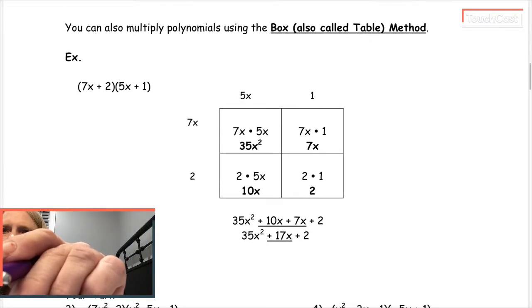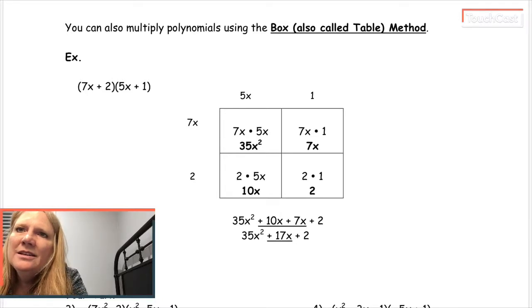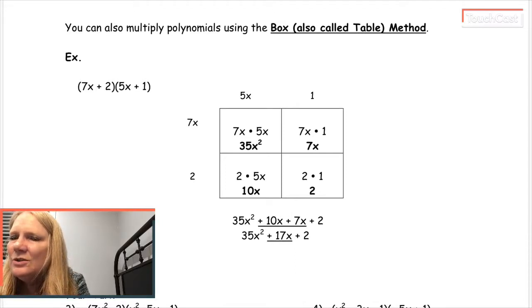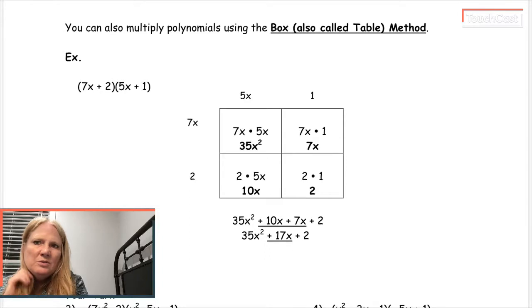All right, now here is a box method, also called the table method, for multiplying two binomial terms. This is not how I think is the easiest way to do it, but let's go ahead and look at both ways. We have this way, and we have a way called FOIL, which you might have heard before.